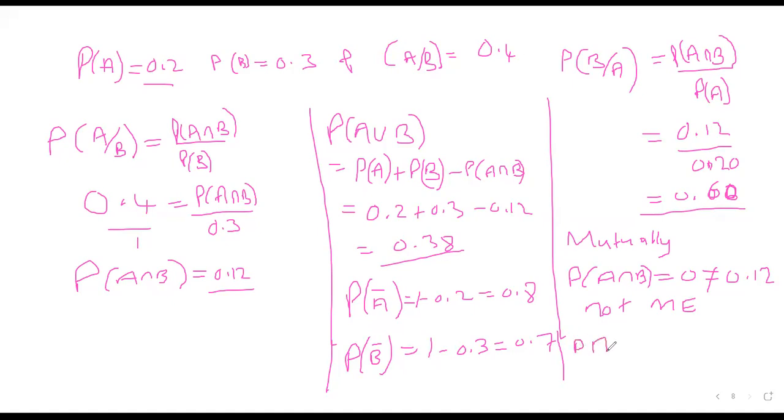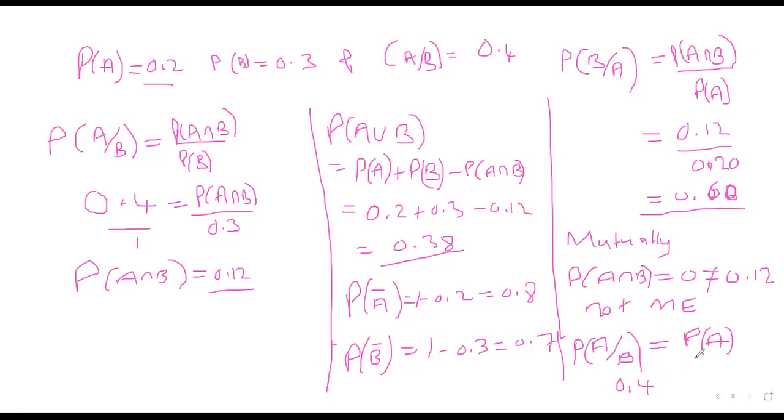The next one: how do we know that they're independent? A given B must not be affected by what is down there. It must still be A. So that's what it means. So you compare: what is our A given B? 0.4.